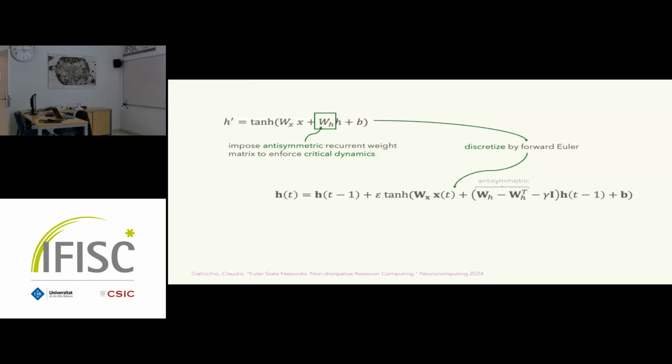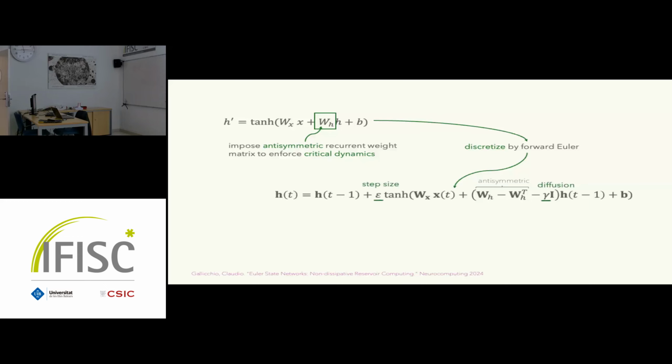But the point is that now this recurrent weight matrix, what here was indicated in this way, now is indicated in this way, which means that this matrix here, WH minus WH transpose, will be antisymmetric by construction. So no matter what exactly are the values that I put in this matrix WH, the overall quality of the dynamics will not be affected. The dynamics will be critical anyway. Okay, so I don't need to train the weights here to have this critical property.